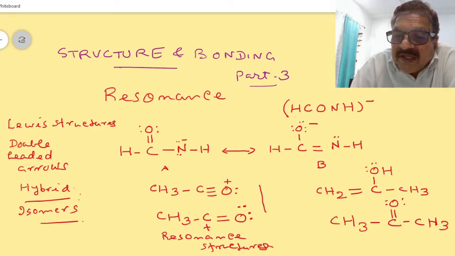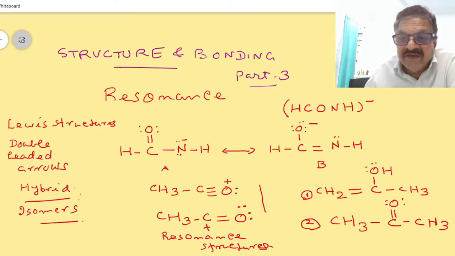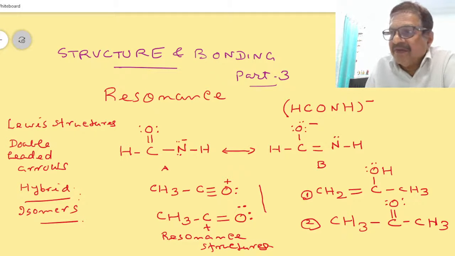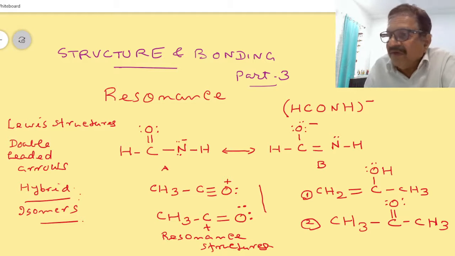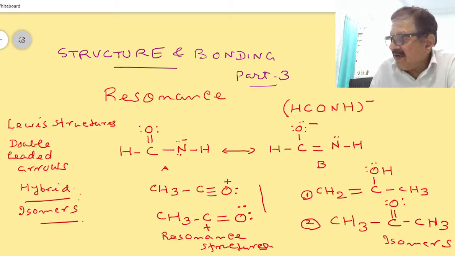Structure 1 has an OH group; structure 2 has a carbonyl group. That is, the functional groups are different. Here it is CH2=COH; in the other there is an extra CH bond and one fewer OH bond. Therefore, these are isomers, different compounds. So this is the difference between a resonance structure and an isomer.